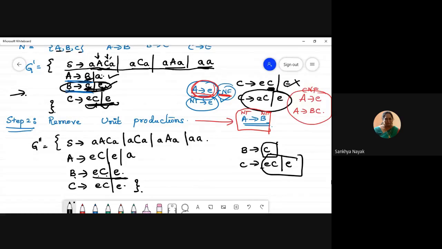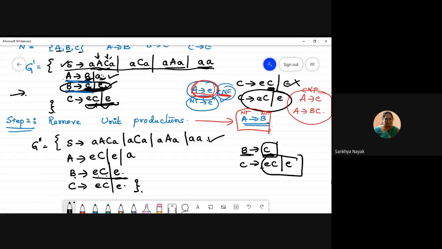I'll again repeat, you have to remove unit productions, where you have a non-terminal deriving a non-terminal. So I saw the first one, there is no unit production, so I wrote it as it is. Second one, A derives B is a unit production. If you have a terminal, it is not a unit production. A non-terminal deriving a non-terminal is a unit production. So I have to replace this B by its right hand side. But if you see, its right hand side also has a unit production. B derives C. So let me first solve this.